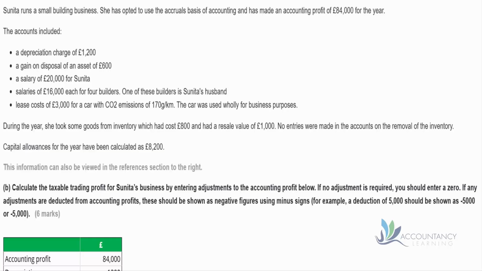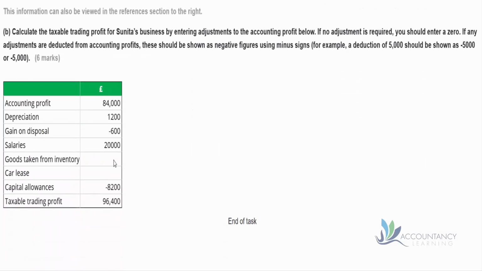Well, under the accruals basis, if nothing has been recorded in the accounts with this removal of goods, then we should add back the selling price. And if it's been entered at cost, then we should add back the profit. So in this case, no entry has been made, so we should add back the selling price, which had a resale value of £1,000. So we can enter 1,000 in our answer.